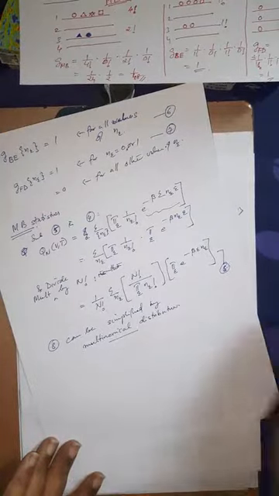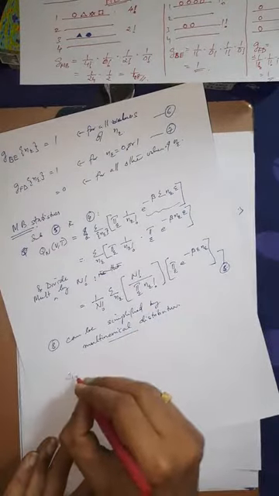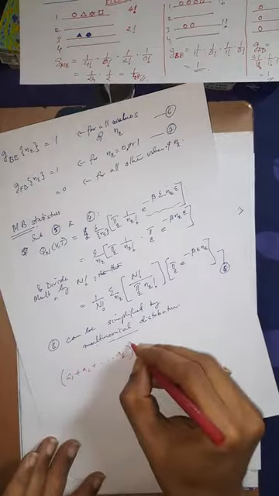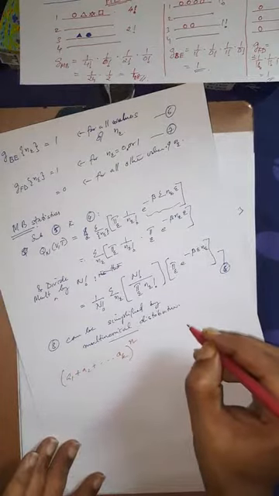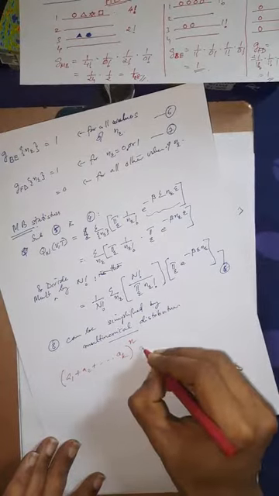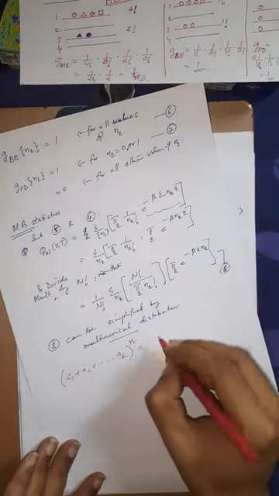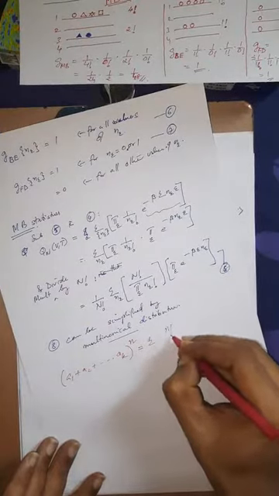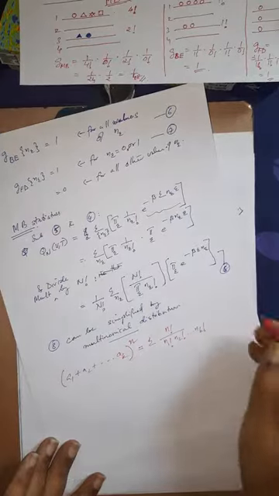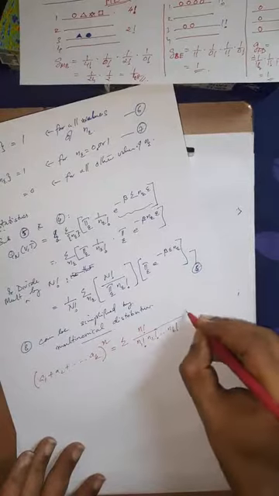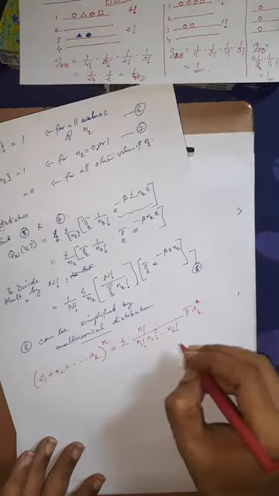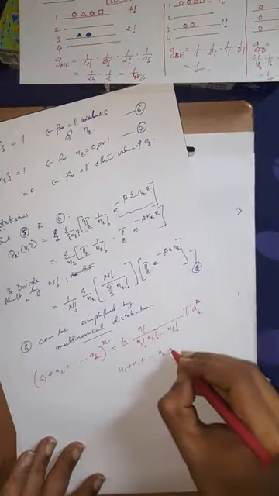What does this multinomial distribution mean? Multinomial distribution means that if I have a set of values a1 plus a2 plus up to ak, that means I have k number of terms, and I am exponentiating that to the power n, then this can be expanded as sum over n factorial by n1 factorial into n2 factorial up to nk factorial, product over ak raised to n, where n1 plus n2 plus up to nk is equal to n.